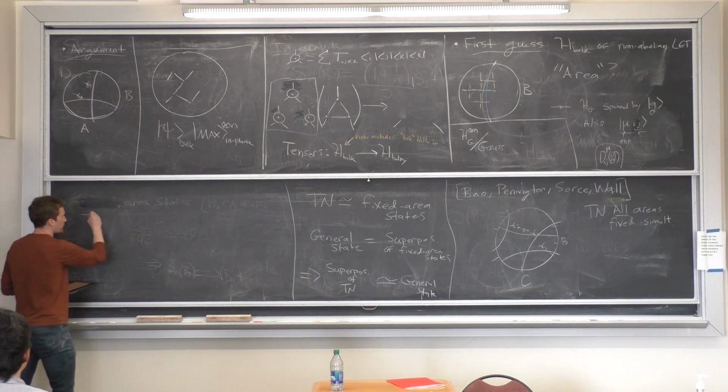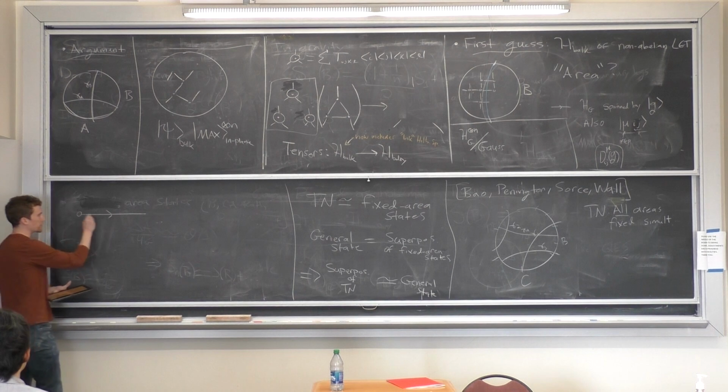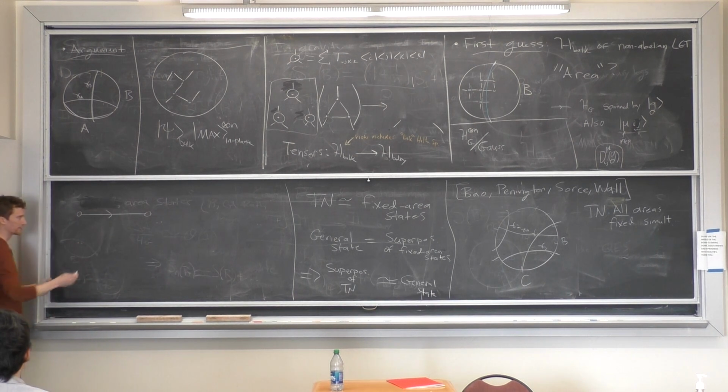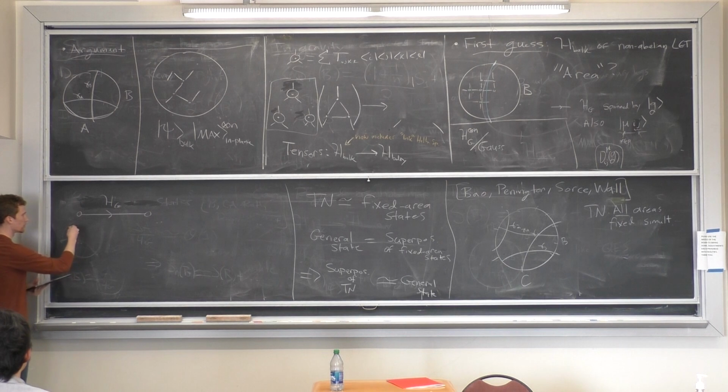Let's just look at one of the links. In general, there's going to be two tensors that want to act on it to map it to the boundary state, but it's just one Hilbert space. So how do we decide in the holographic map how two tensors act on this one Hilbert space?